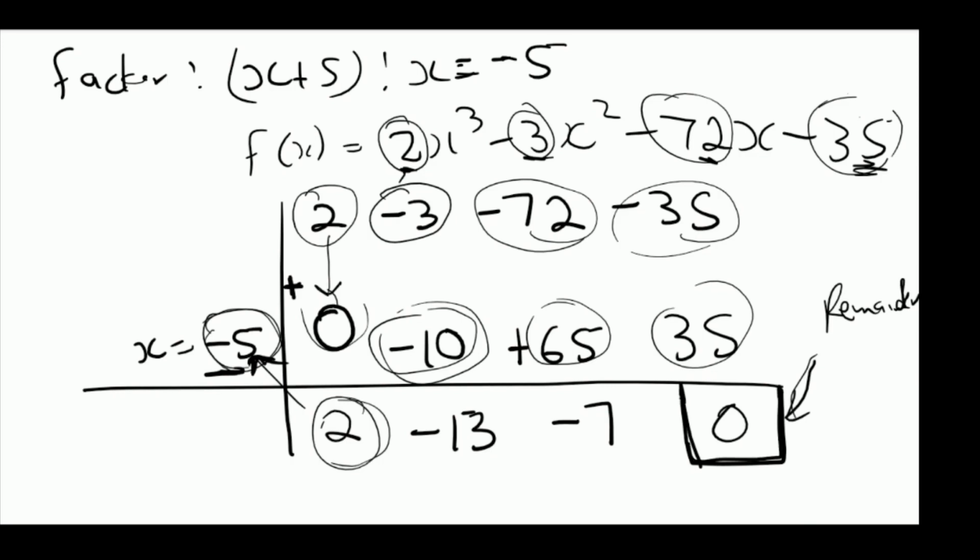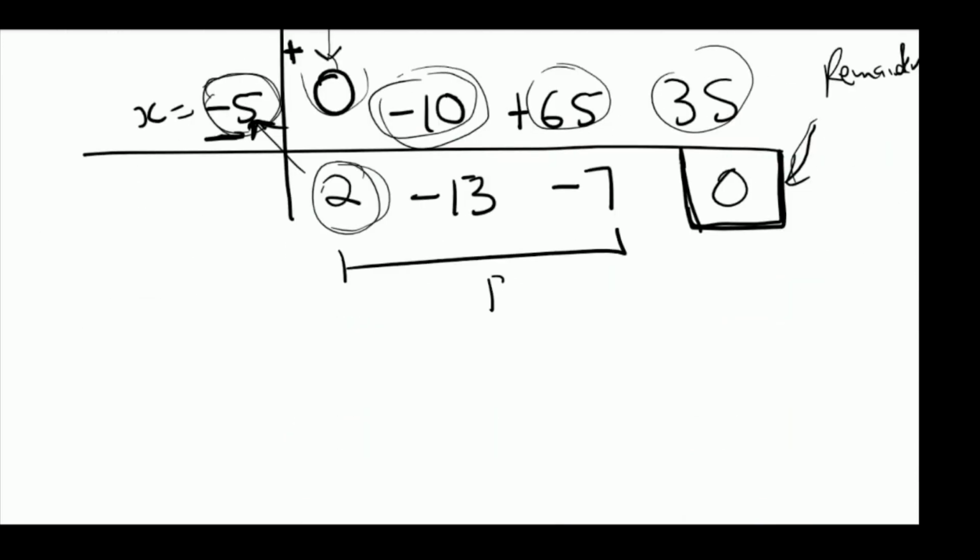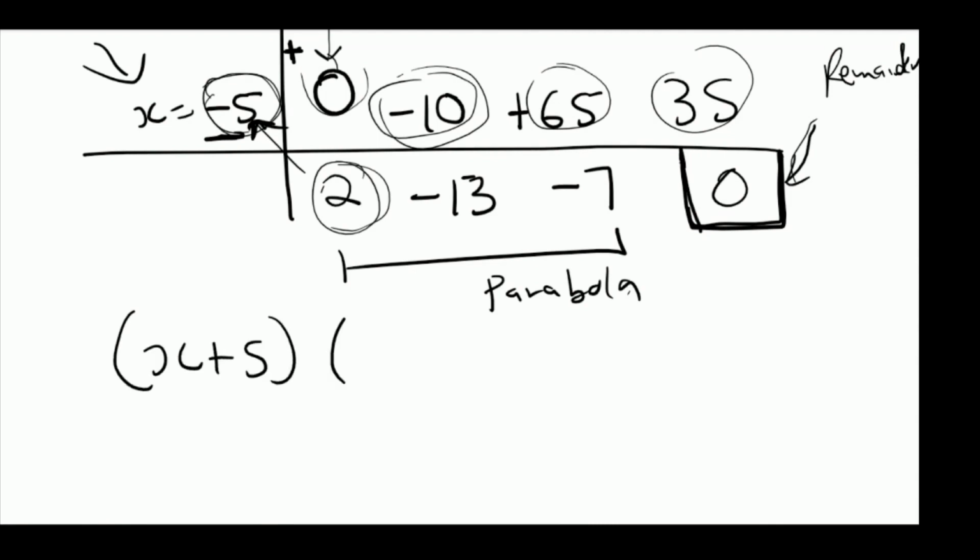So once you are done, this expression here is your parabola. This is your parabola expression, and this is your factor, right? So your factor is x plus 5, and then your parabola, which is ax squared plus bx plus c, right? And what is your value of a? This first value, which is 2, is your value of a.